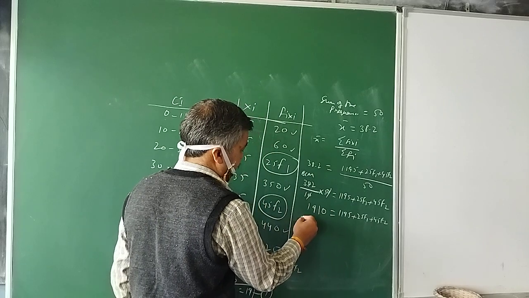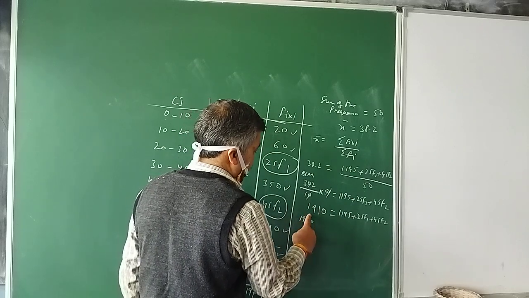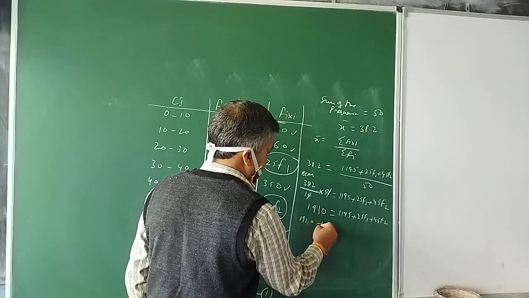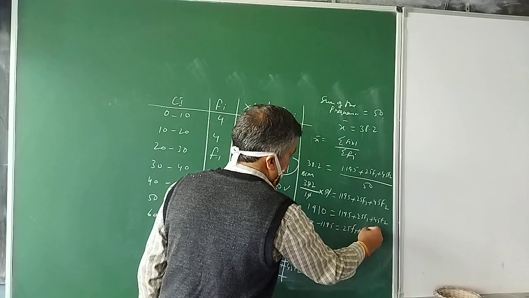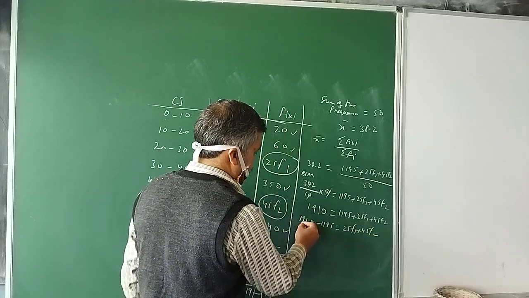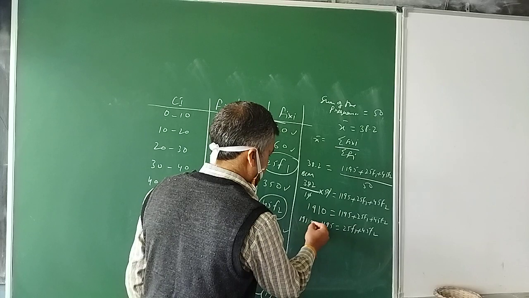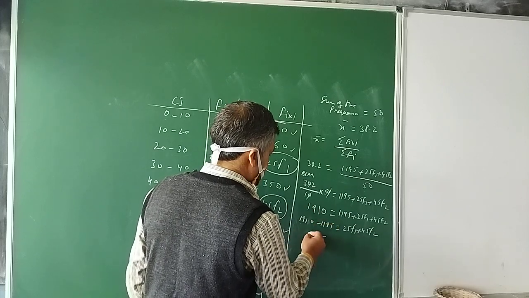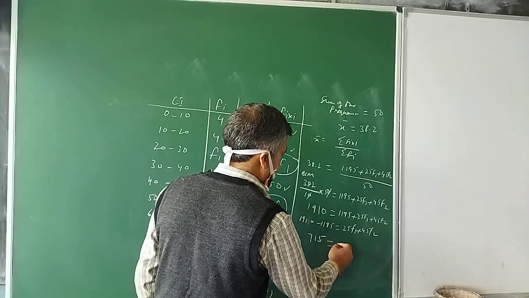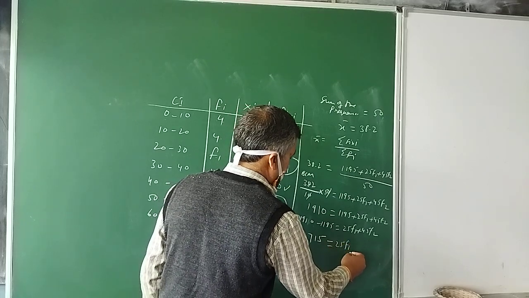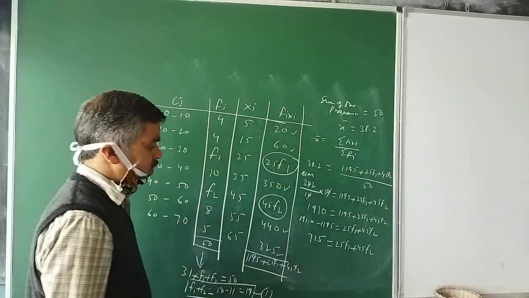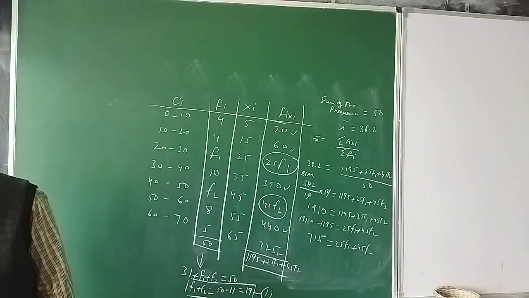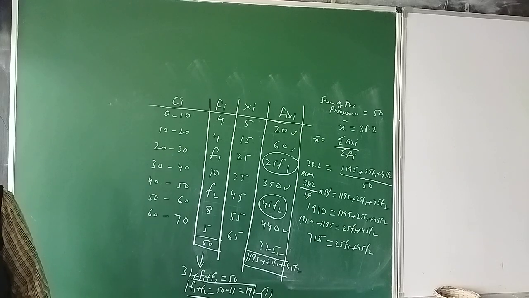Now you do the further calculations as per your own convenience. 1910 minus 1195 is equal to 25 F1 plus 45 F2. So here you will be getting 750 is equal to 25 F1 plus 45 F2.